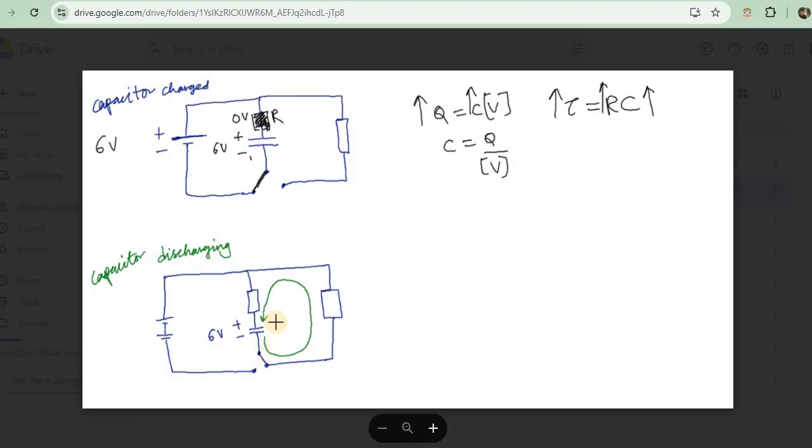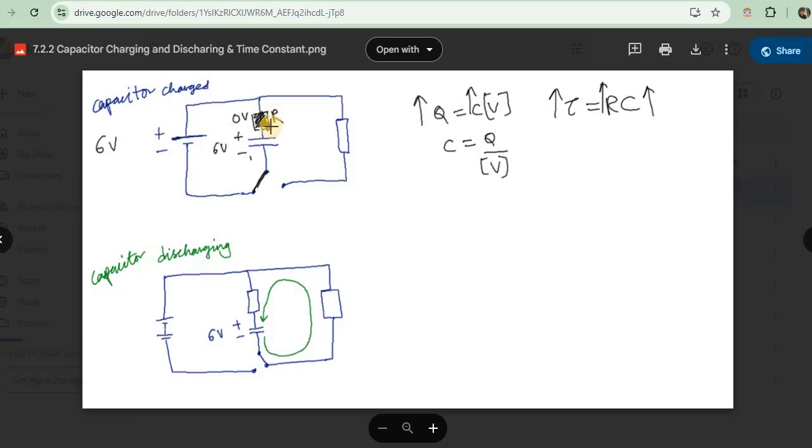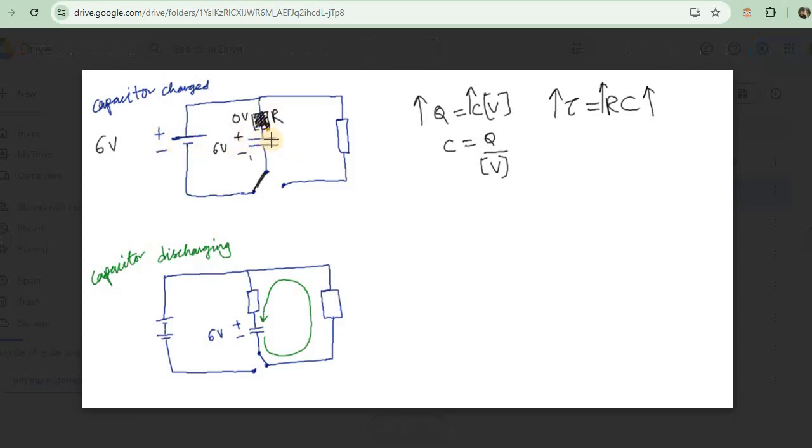When a capacitor is charged, there will be more charge on one plate compared to the other plate, meaning more negative. Now for example here we are charging the capacitor. Let's say this capacitor was neutral in the beginning, so no additional charge on one plate compared to the other.